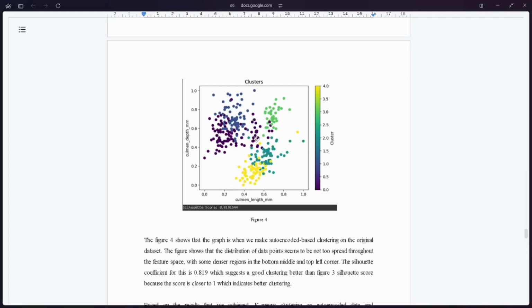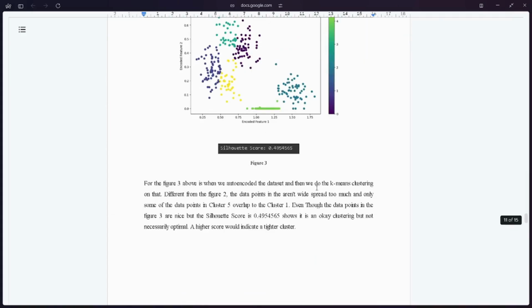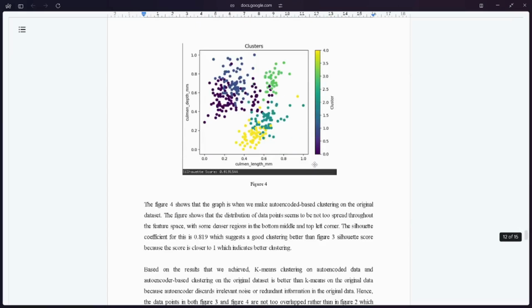Because of this, we calculate the silhouette score and get 0.819, which is very good, which suggests it is a good clustering, a better clustering than the last one, which is 0.4.